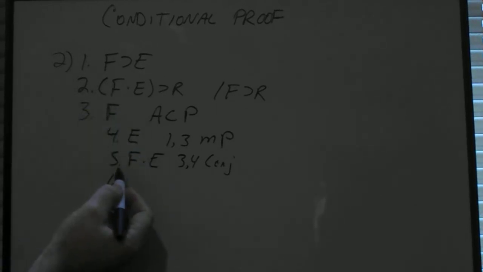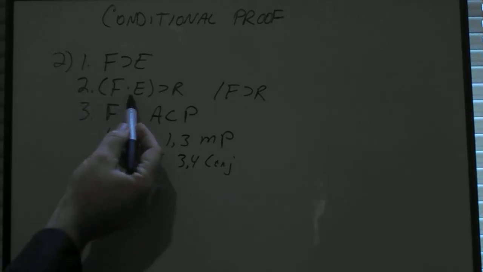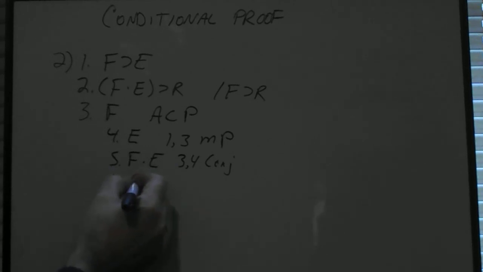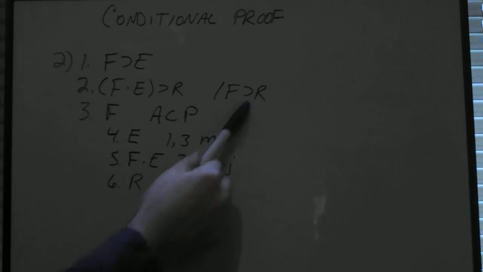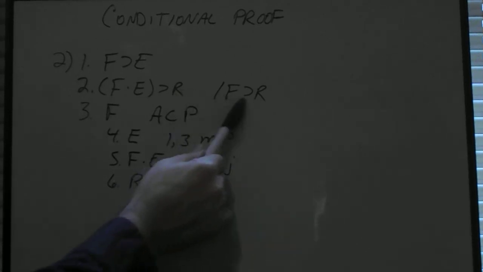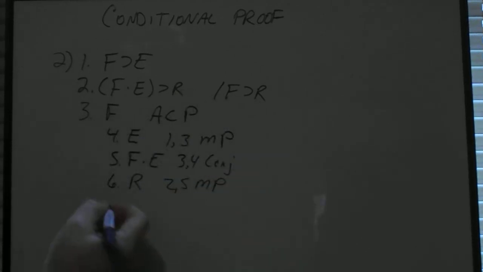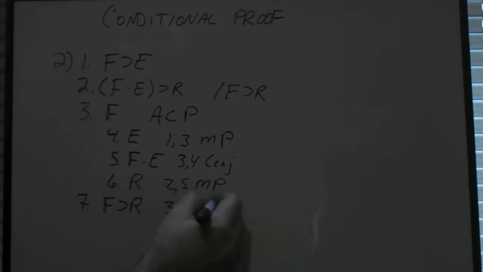And 2 and 5 make modus ponens again. If F and E then R, F and E, therefore R. 2, 5 modus ponens. And that's the consequent. So we've gone from the antecedent to the consequent using this. So back over here on our proper line, line 7, we can draw the conclusion, if F then R, based upon 3 through 6 as a conditional proof.